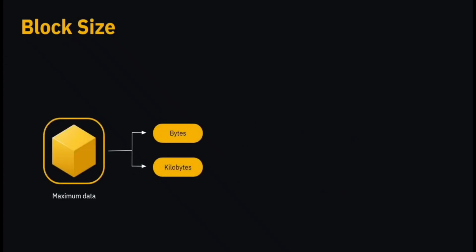The term block size refers to the maximum amount of information that can be stored in a single block. This measurement is typically in bytes or kilobytes and determines how many transactions can be processed in one block. The block size has a direct impact on the number of transactions that can be processed by a blockchain network.